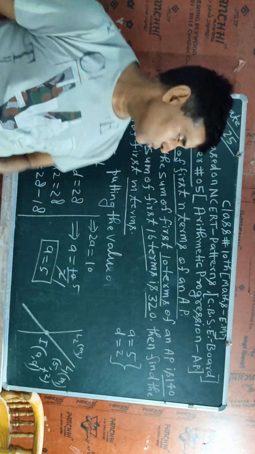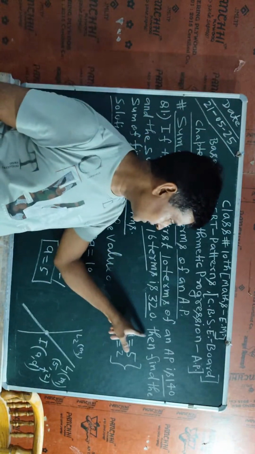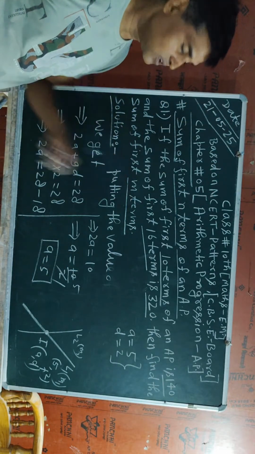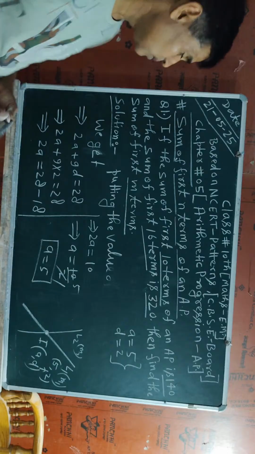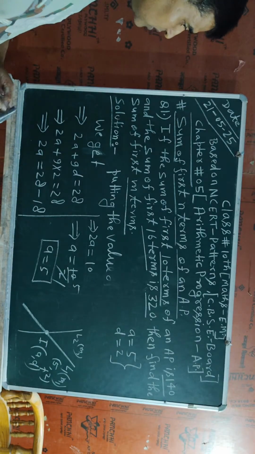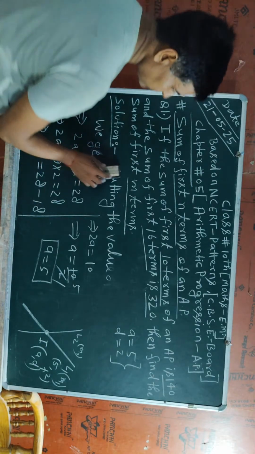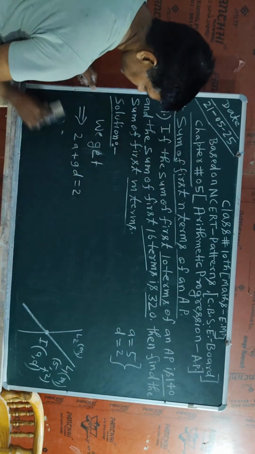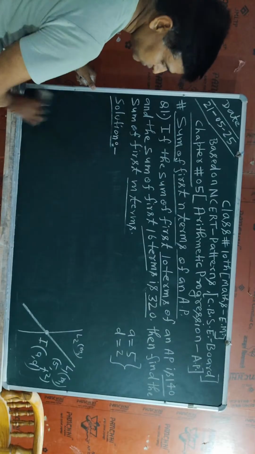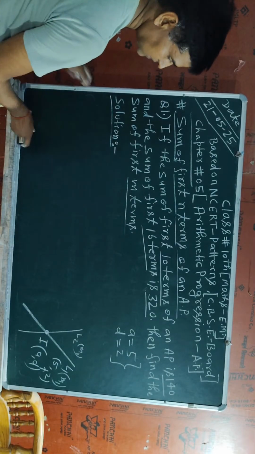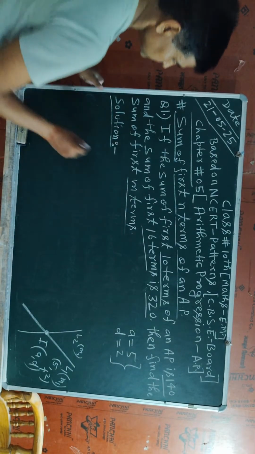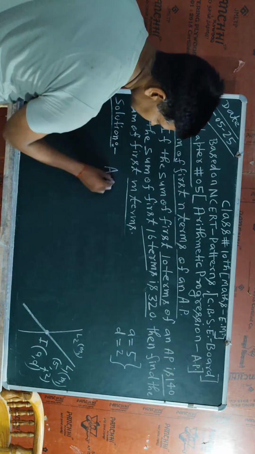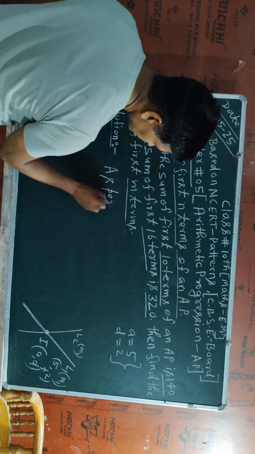Now further the question is asking to find the sum of first m terms. So we have to find the sum of first m terms. Okay students, so here I have got the value of a and d. Now further I will reach the destination by using the value of a and d. Now here I will write as per question.